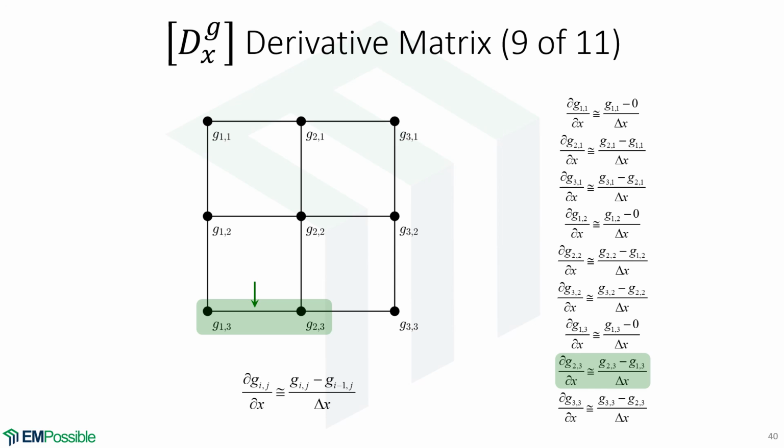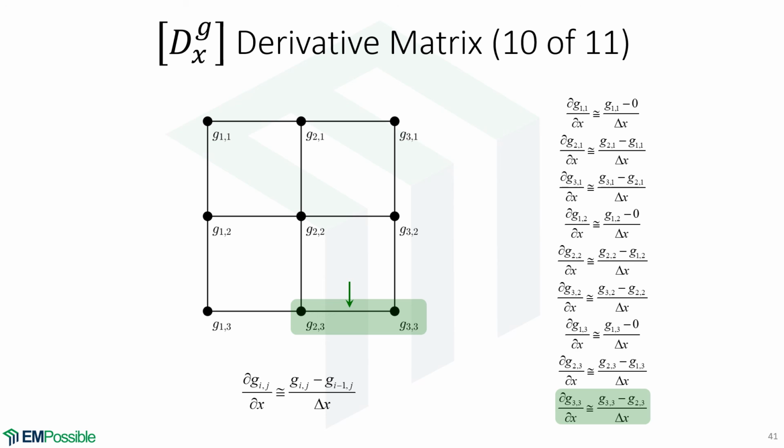Next cell over, no boundary condition problem, so this one's pretty easy. G23 minus G13 divided by the spacing between them, delta x, and it's a central finite difference, so we're evaluating the derivative right here at the midpoint. And finally, the last cell, no boundary condition problems, so another pretty easy one.